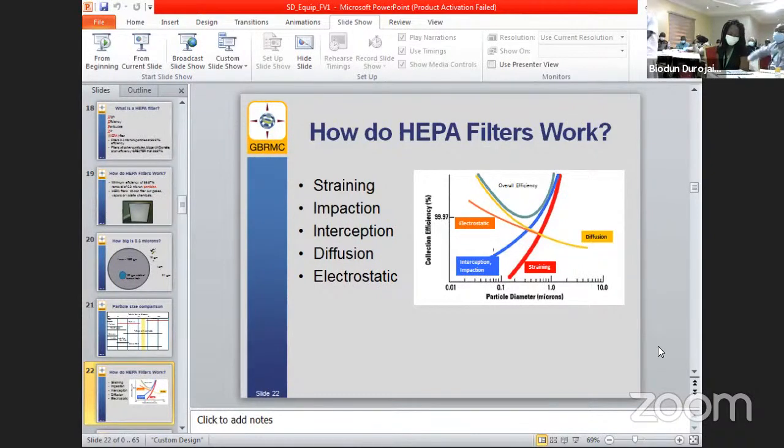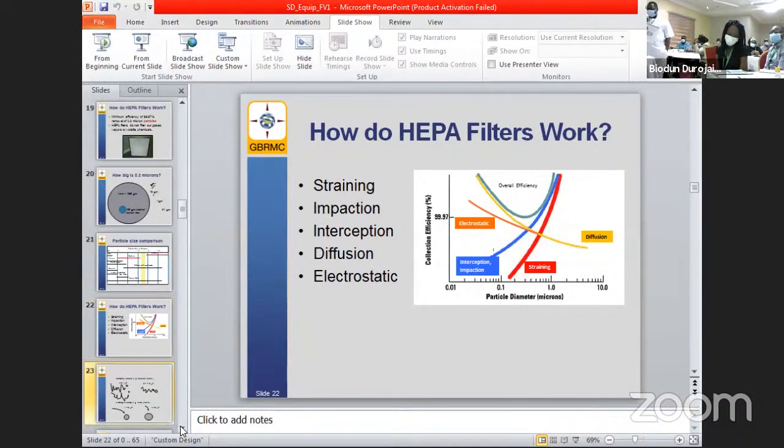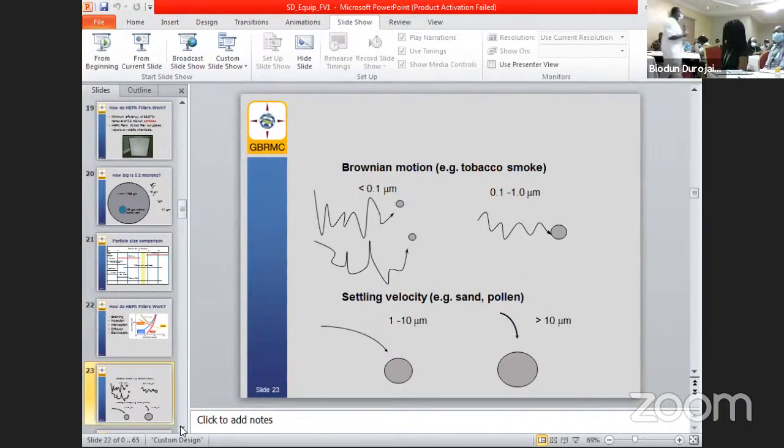Okay, so I will not want to go through the physics of Brownian motion. I don't want to go through that physics, but yes, sir. Where are they found?